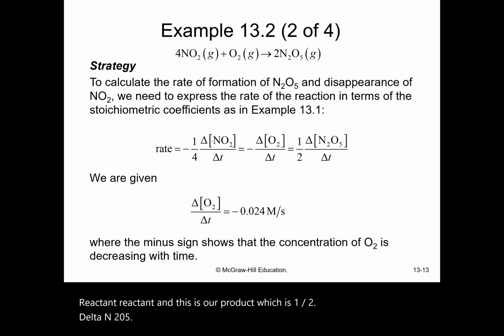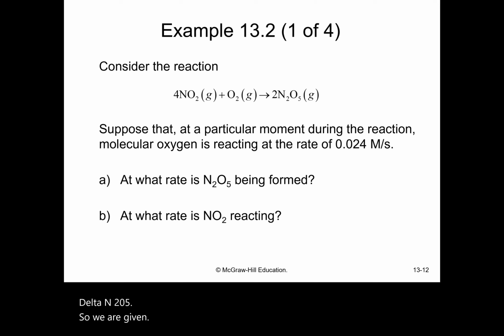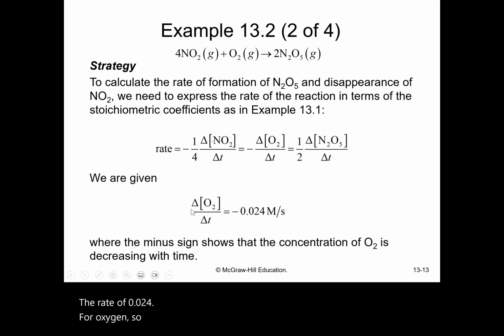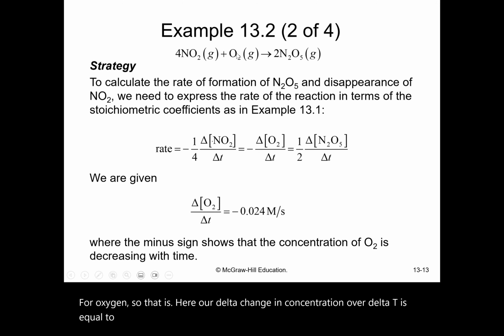We are given a rate of 0.024 for oxygen. So our change in concentration over delta T is equal to negative 0.024, because we're using up the oxygen, so it's going to be negative.